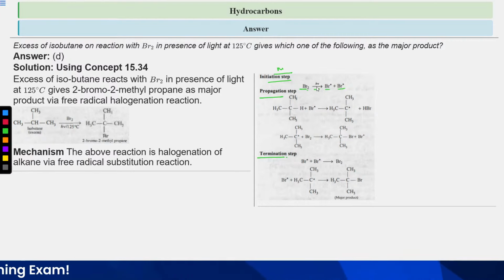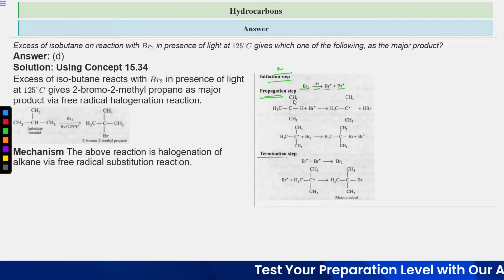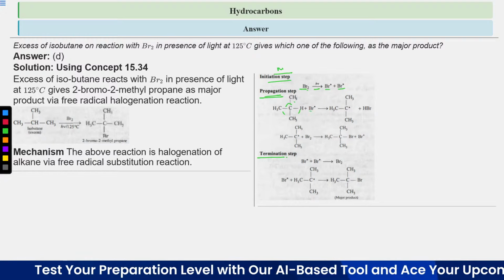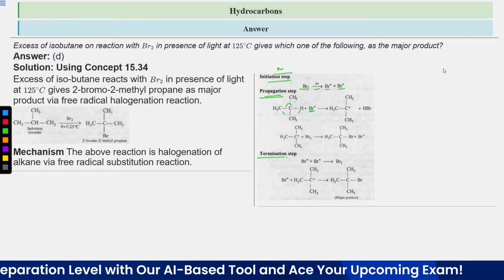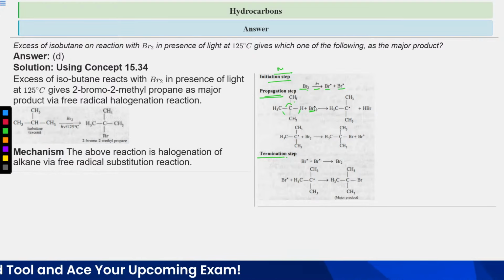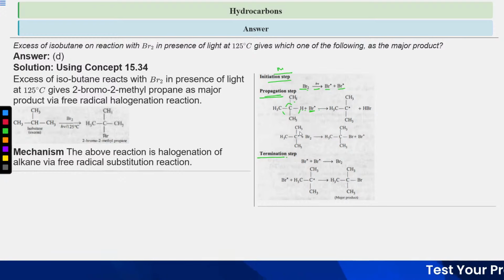In the propagation step, we take the reactant, which is our alkane, isobutane, and react it with one of the free radicals of bromine. This free radical will take the hydrogen of the second carbon, which is the most reactive in this structure, and a free radical of isobutane will form.